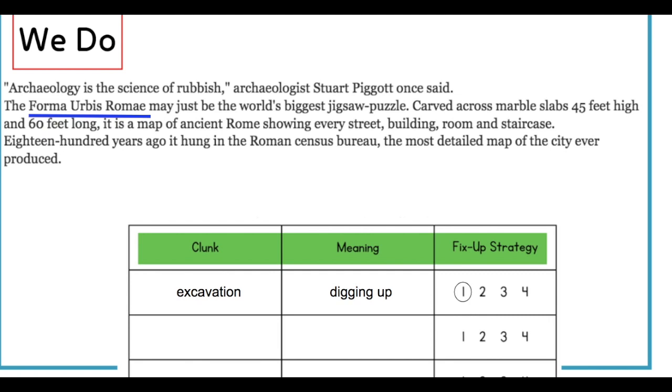When I was doing this, I did not really read it that well. So I said it was the former Urbis, whatever. It's carved on a marble slab, but it's actually a map of ancient Rome. And that will be FixUp strategy 2 because I had to read the sentence after the clunk. I'm not going back to change that, but you get the point.